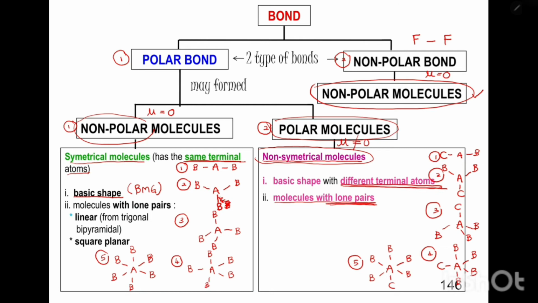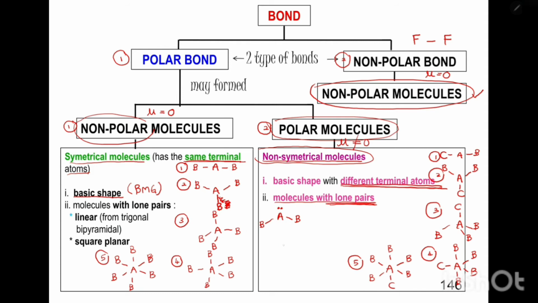So bent, for example: A, B, D. This is bent from trigonal planar. We have one lone pair, therefore it is non-symmetrical molecule.